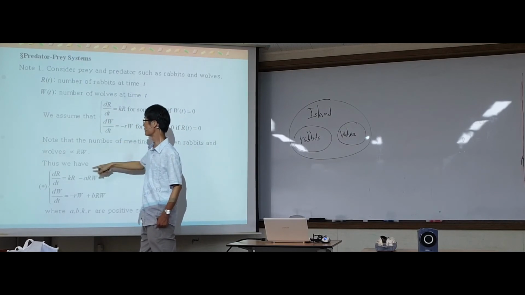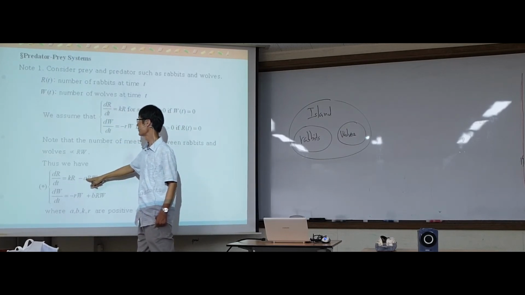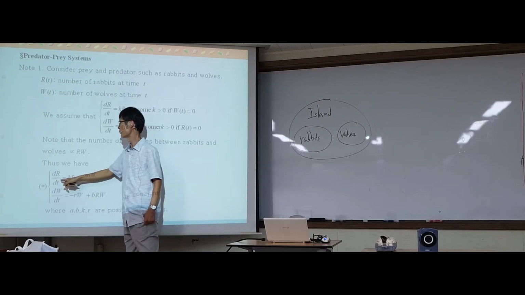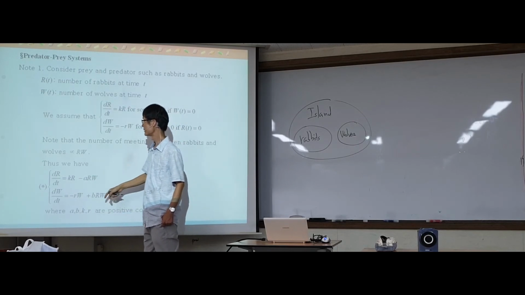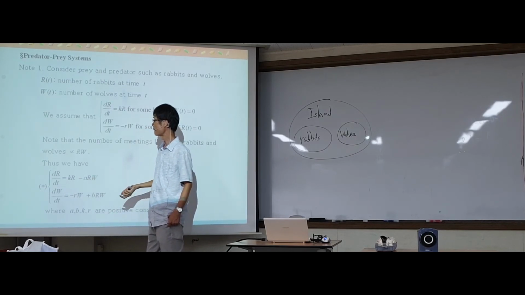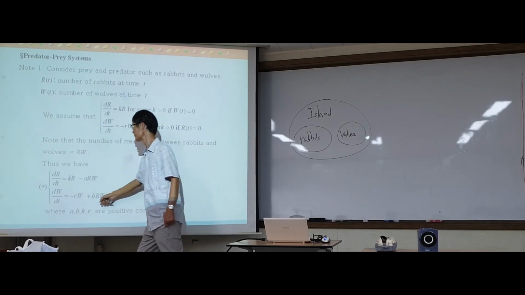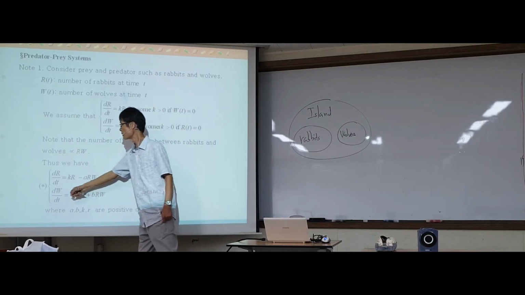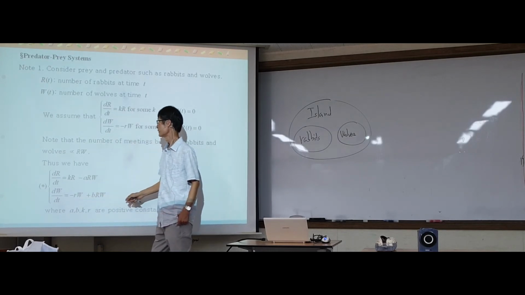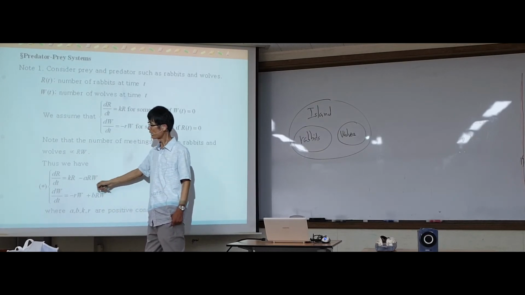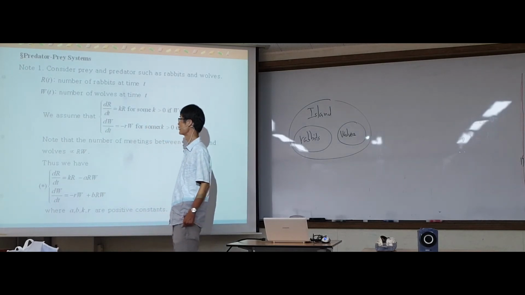So this equation is modified as minus a times r omega because the number of rabbits will be decreased. And here a is assumed to be some positive constant, and the number of wolves will be changed following this equation. The number of wolves will be increased depending on the number of meetings between rabbits and wolves, and so we have these two differential equations.